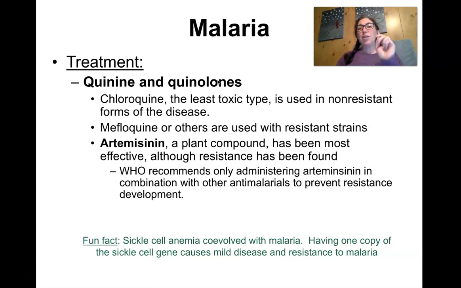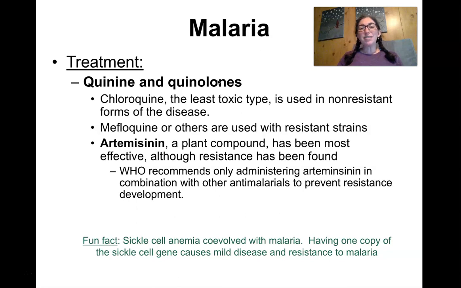But if you have only one copy of the mutation, so you have half normal hemoglobin and half mutant hemoglobin, you don't usually get much of the disease. So you don't have a ton of sickled cells, and they mostly get filtered out by the spleen. But you do have resistance to malaria.